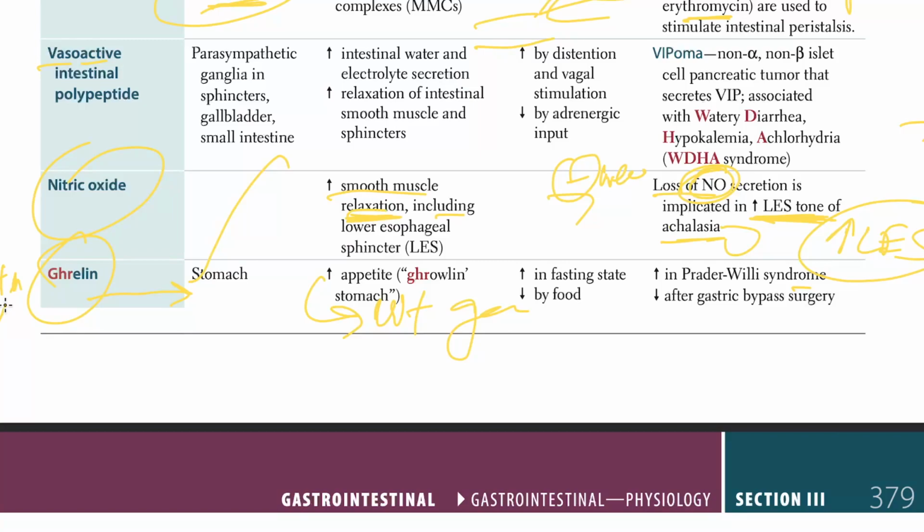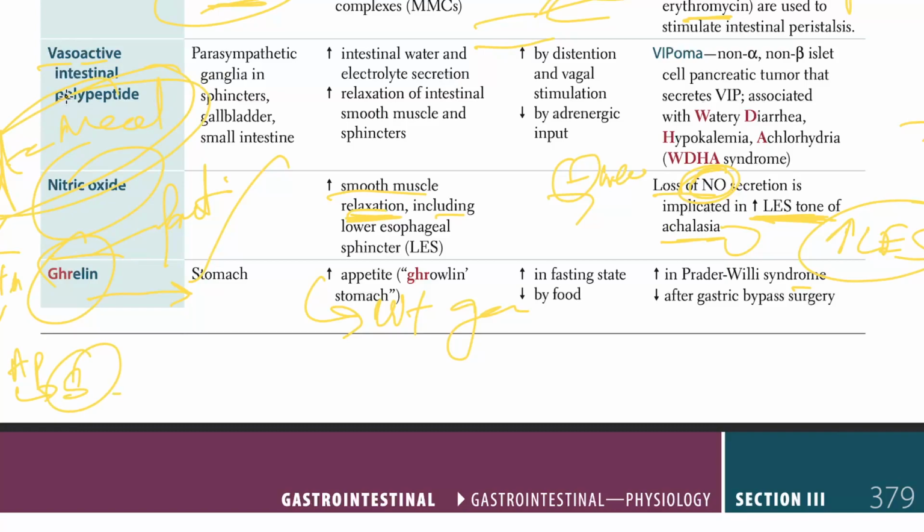And now let's talk about when they are released. We said ghrelin is released in the fasting state, while leptin is released after the meal. So after a meal, leptin comes and inhibits your appetite center in the hypothalamus, which causes satiety, because that's after a meal.